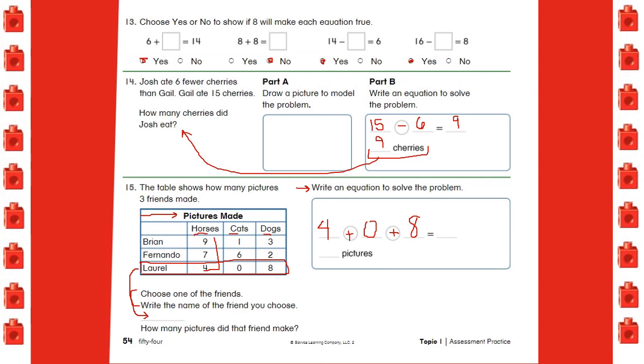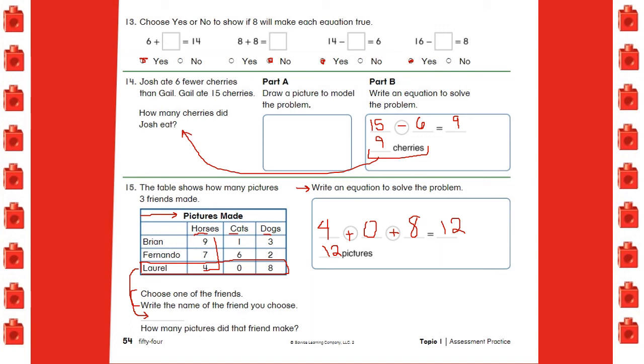So 4 plus 0 plus 8, if you figured it out, is 12. 12 pictures. Now, if you chose Fernando, your answer would be 15. And if you chose Brian, your answer would be 13.